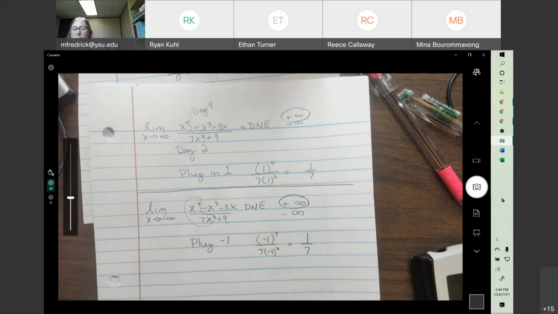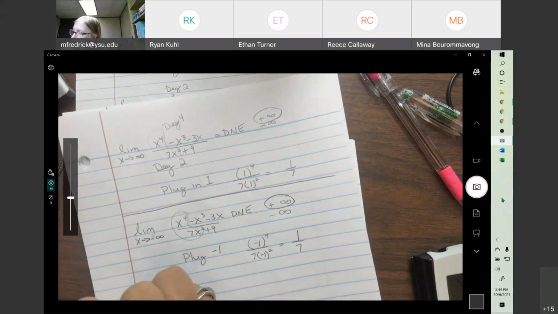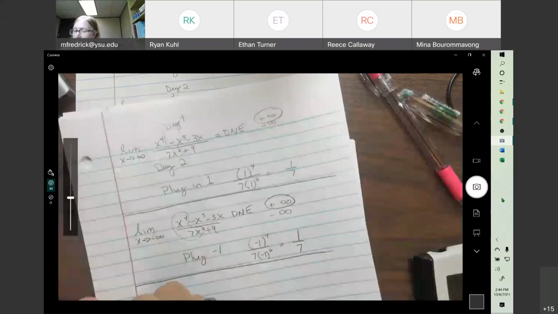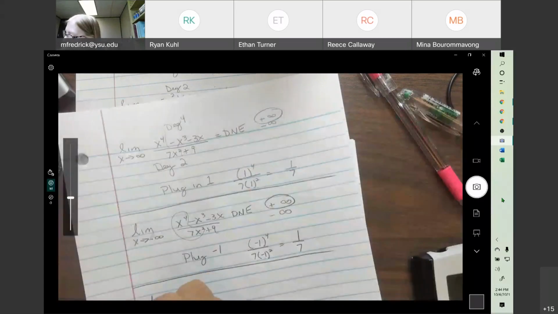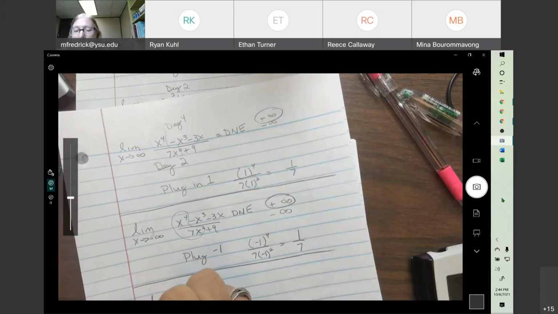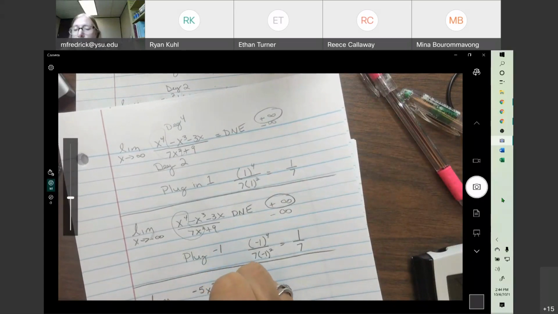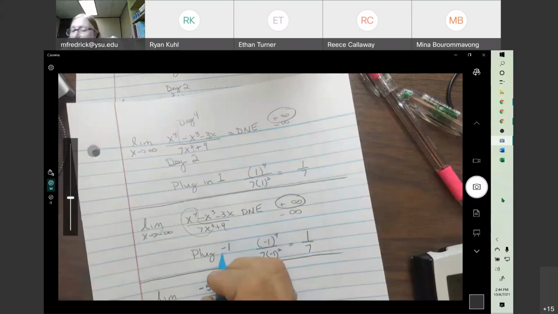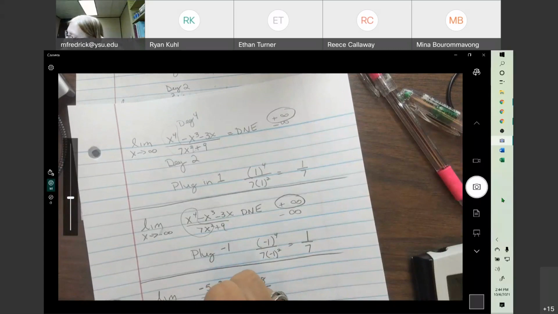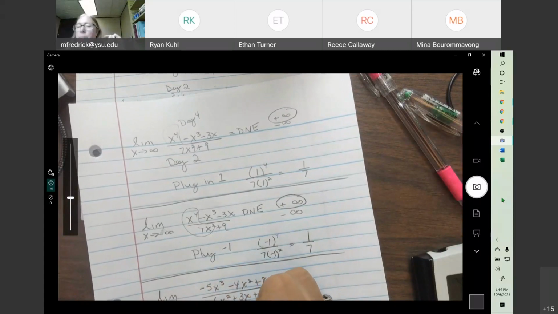Let's try one more. The limit as x goes to infinity, negative 5x cubed minus 4x squared plus 8 over 6x squared plus 3x plus 2.